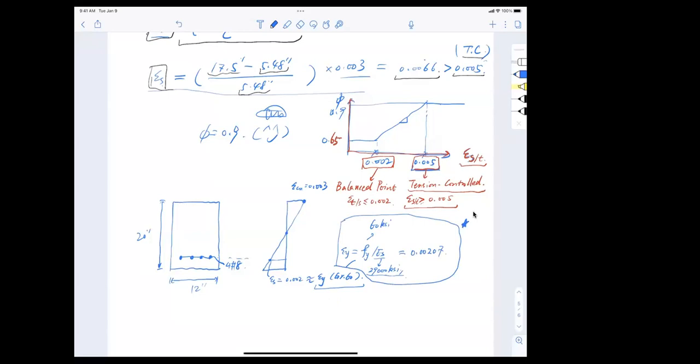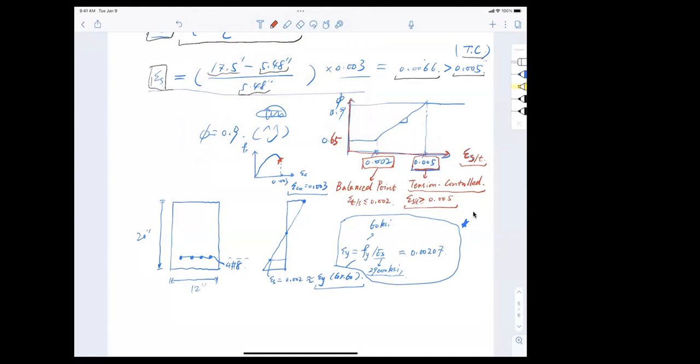All right, so we have this yield strain figured out for grade 60, thanks to Andrew, and 0.00207 is the value. So we have a situation. What does the strain diagram say? It says that when my concrete crushes at 0.003, and let me give you a mental picture, if this is stress in the concrete and this is strain in the concrete, I'm at this point here, 0.003, meaning my concrete is about to crush.